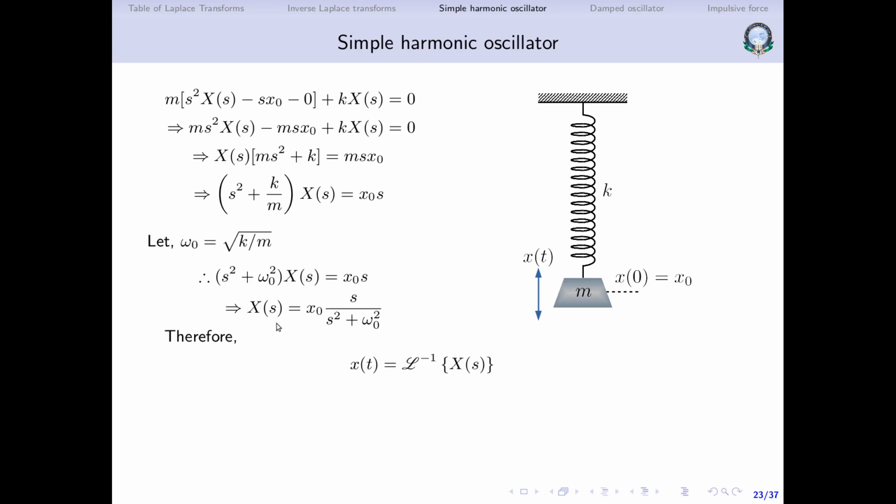If we have found X of s, then small x, that is the position, will be very straightforward. All you have to do is take the inverse Laplace transform of this. L inverse of capital X of s means we have to take the inverse Laplace transform of s divided by s square plus omega naught square. How do we find this?